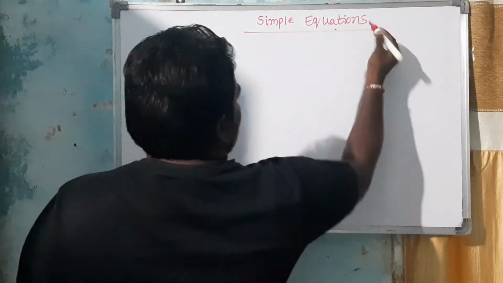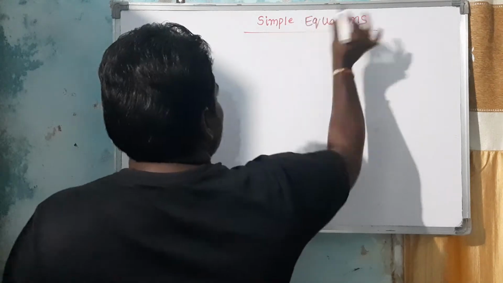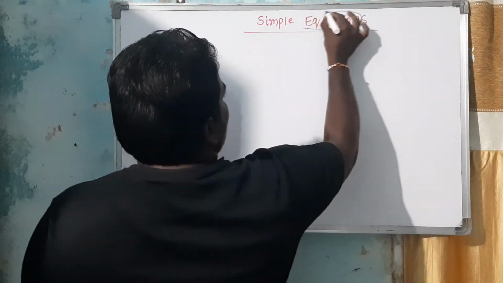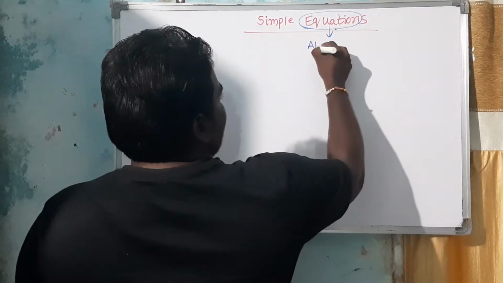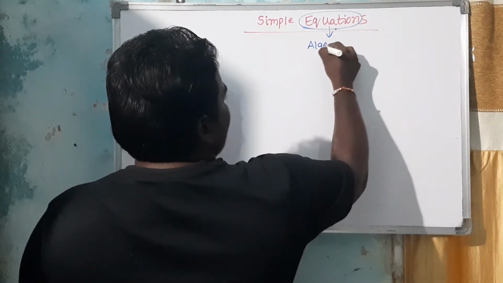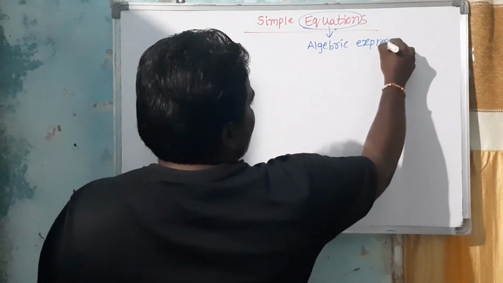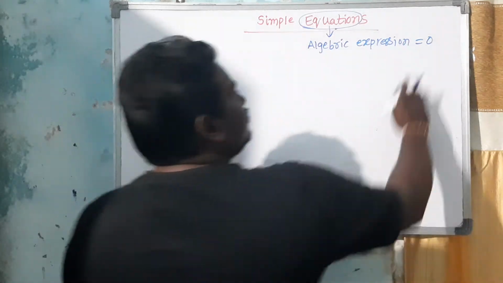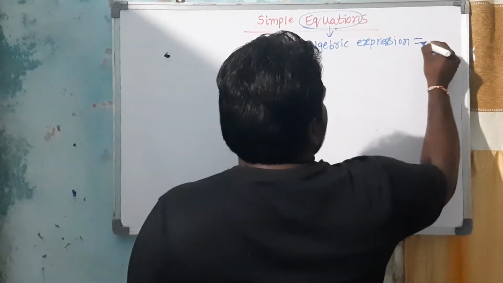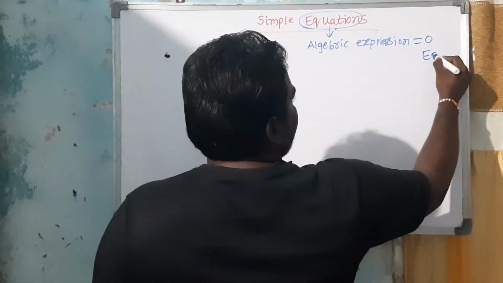These simple equations are basically, equation means some algebraic expression that we are equating to zero. If we equate it to zero, this is called an equation.